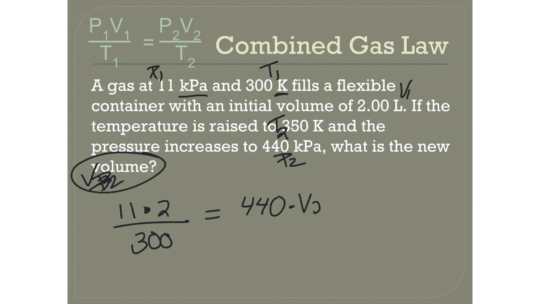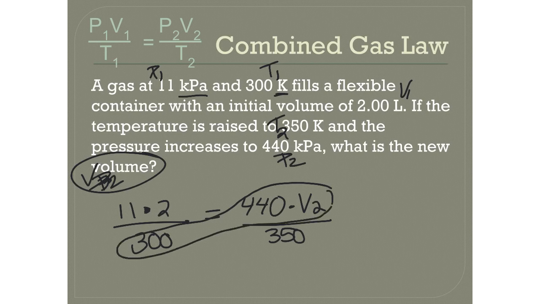That's what I'm trying to find, over T2, which is 350. So here's where it looks scary. That's messier than before. We're still going to use cross multiply. Again, these 3 are equal to these 3 now.